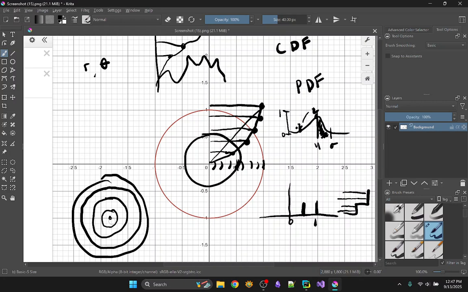And then you would split it up among the thetas. The way I draw it is awful, but each of these shapes would have the same area.